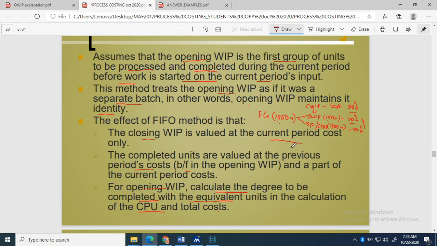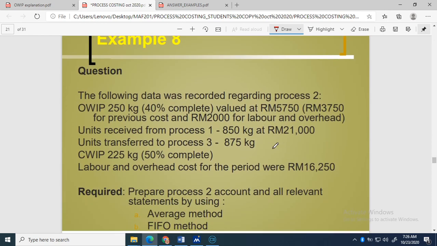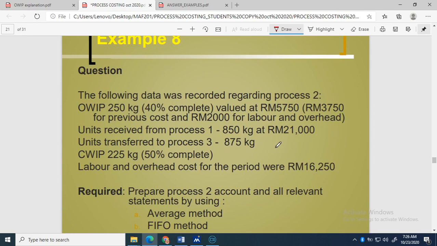So how do we prepare the process account to get the value of finished goods, CWIP and losses? We refer to the same question, example 8. Last time we used the average method, now we use the first in, first out method. The information is the same, just how we prepare it using a different method.